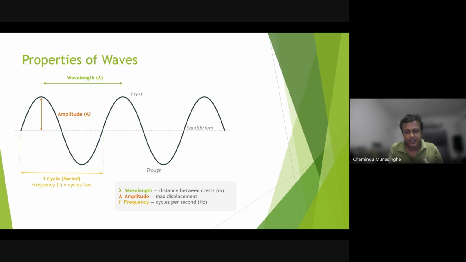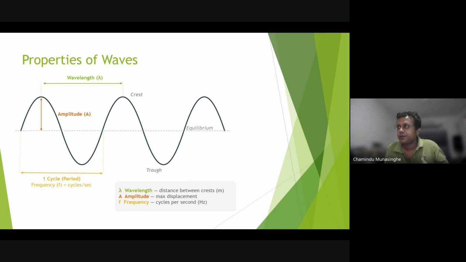If you have studied a bit about simple harmonic motion, like a small angular motion of a pendulum, or a small oscillation of a spring that is hung by a spring, all of these motions are simple harmonic motions, and that generates a sine wave. Amplitude is the maximum displacement of that harmonic motion.